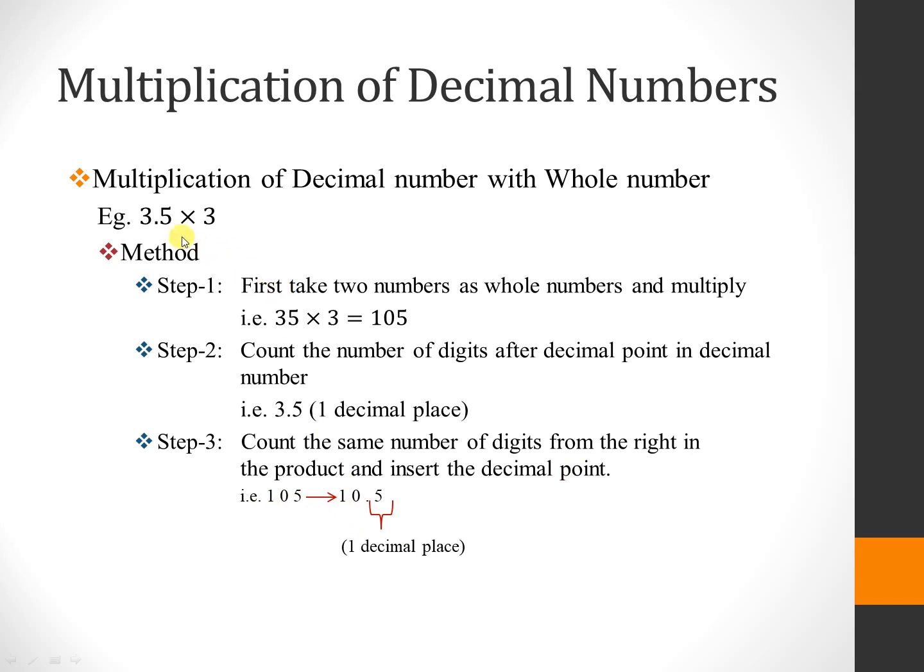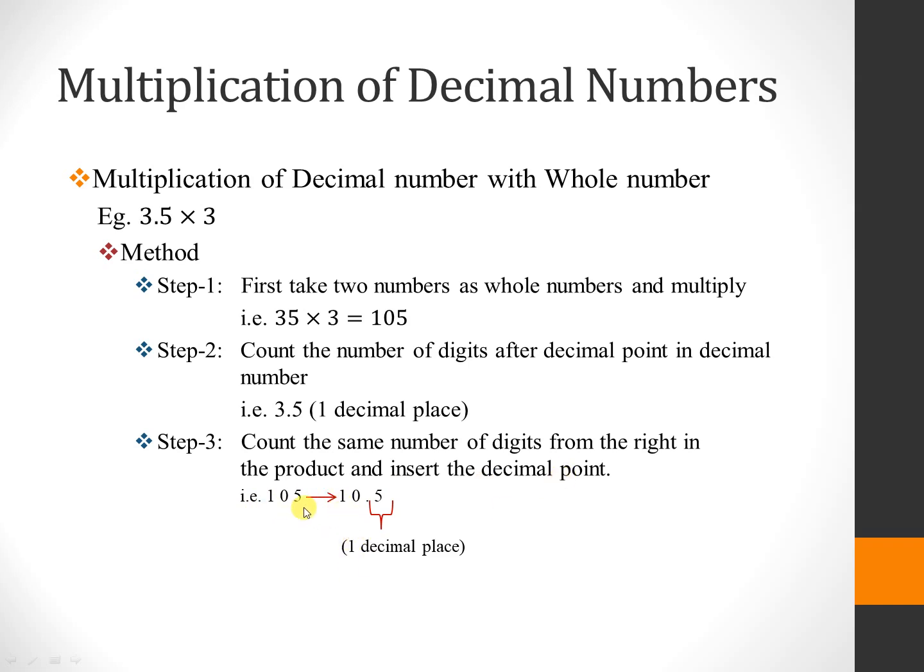Again, step 1: multiply the decimal number and whole number as whole numbers, that is 35 multiplied by 3, 105. Then count the decimal places in the decimal number, that is, how many digits are after the decimal point. Here 1, and in the product, from the right side count that many digits and insert the decimal point.